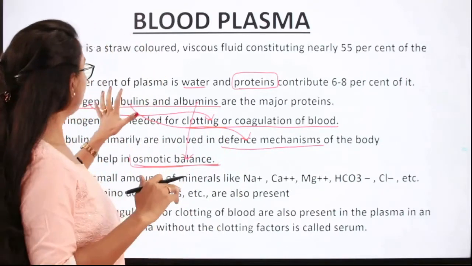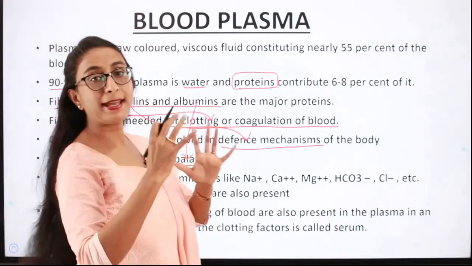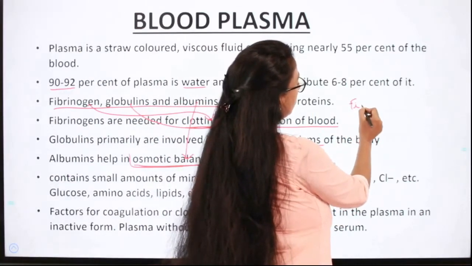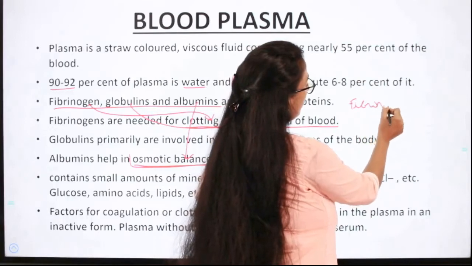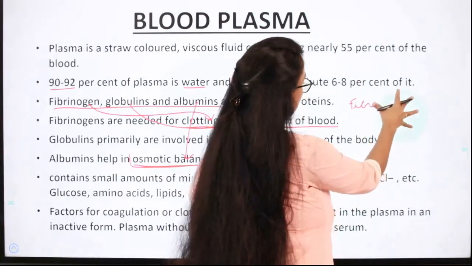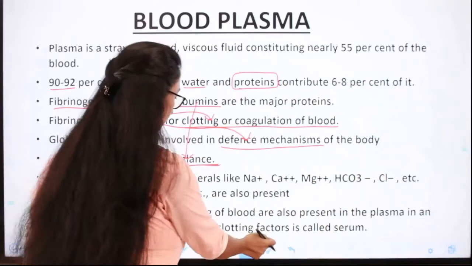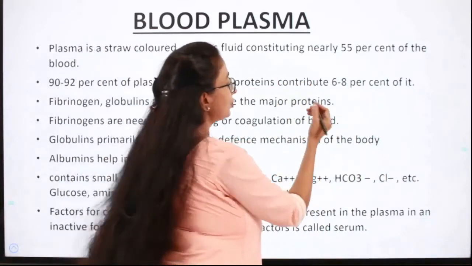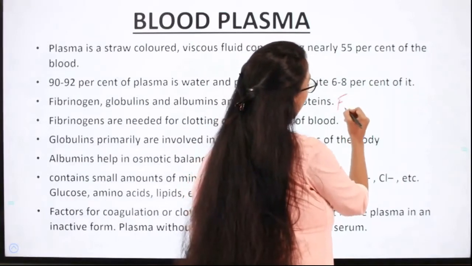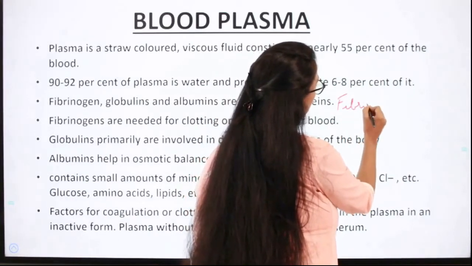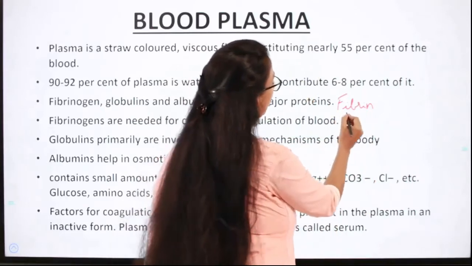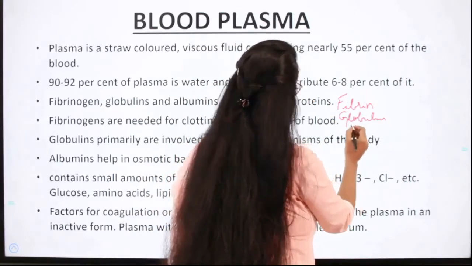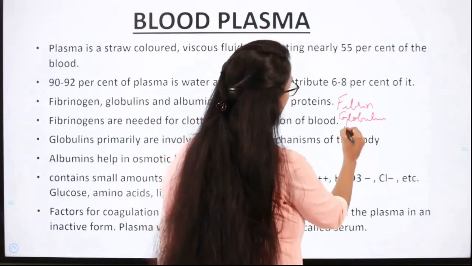And similarly, here they can give you a match the following kind of question. So you can get a question like, match the following. Fibrinogen, then globulin, and then albumin.